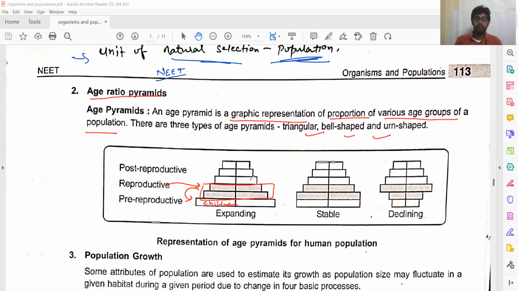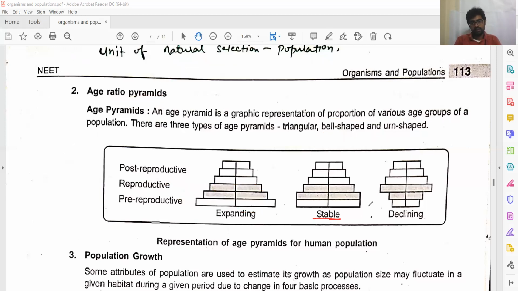So if the children are more in number, what it means is that in 3, 4 years, or let it be 10 years, after 10 years these pre-reproductive age group will convert into reproductive, and it will be larger than the previous one, isn't it? So the larger age pyramid will again give rise to a little more larger pre-reproductive group. So this is how the population expands. Okay, so this is a case of expanding population.